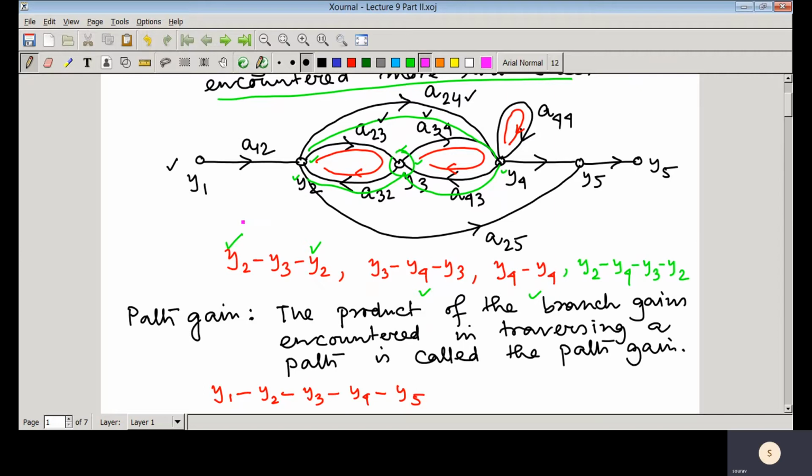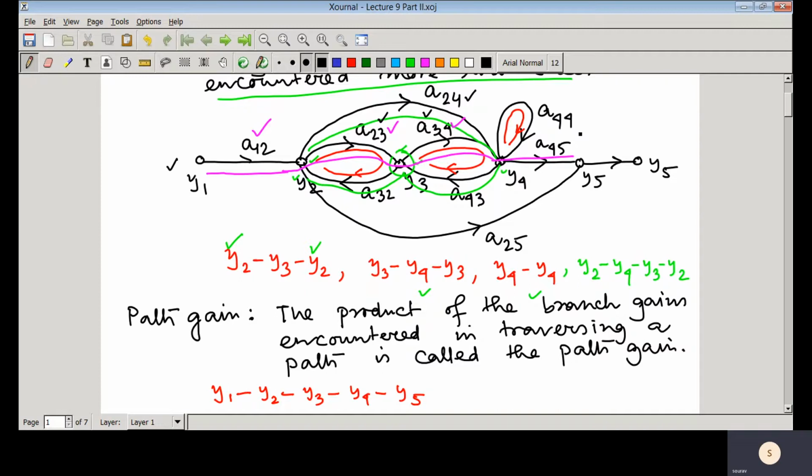So that is the path. How many branch gains are there? This is one branch gain, this one and that one, and here there is one more, y4 to 5, that is a45.